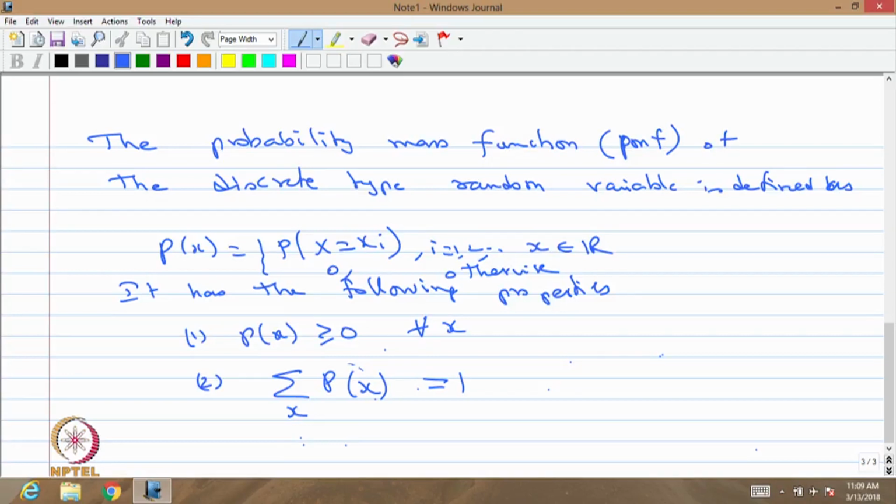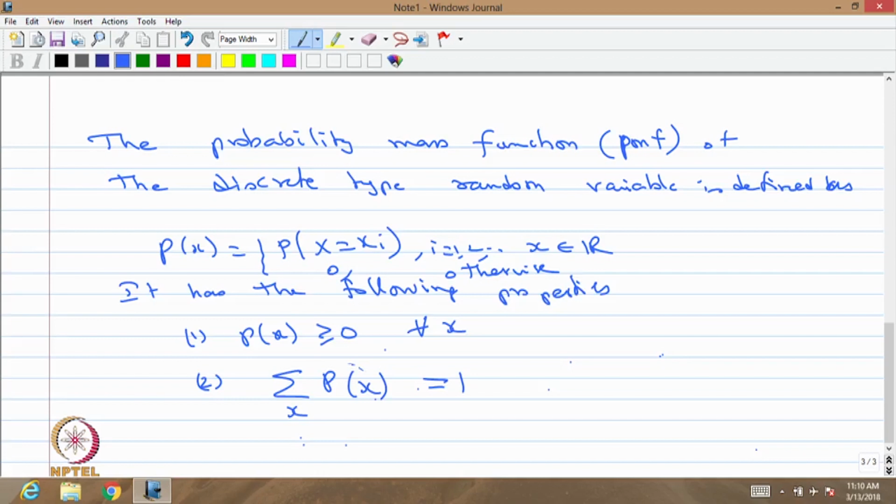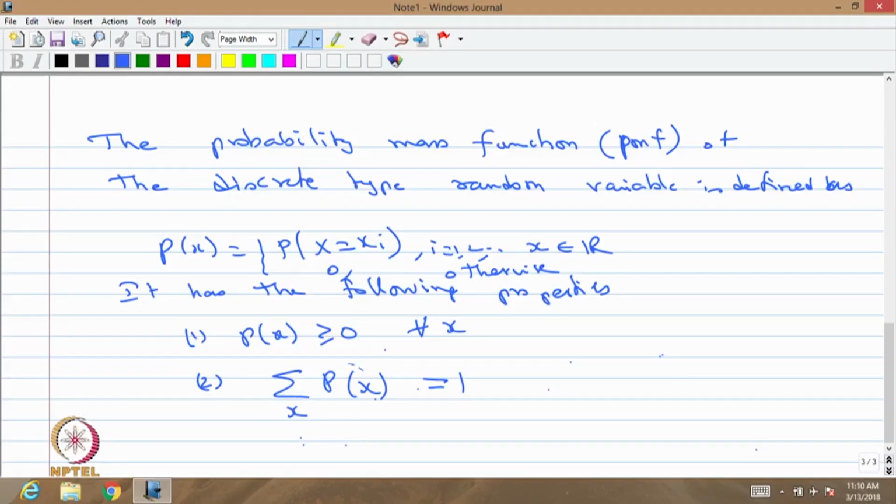So, any discrete type random variable has a probability mass function satisfying these two properties, and any real valued function satisfying these two properties is the probability mass function of some discrete type random variable.